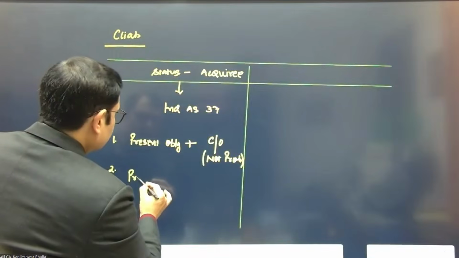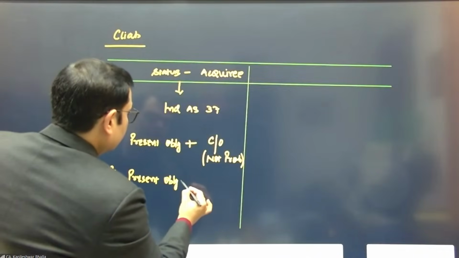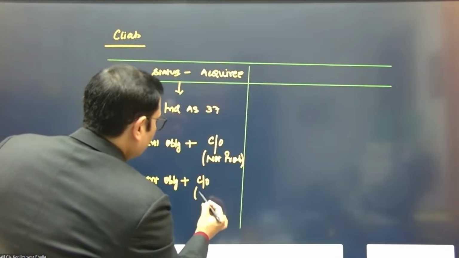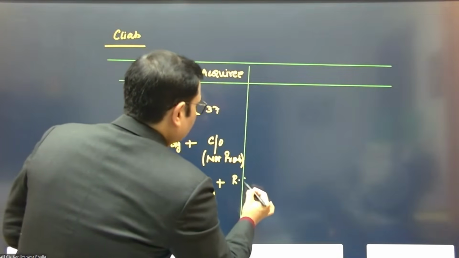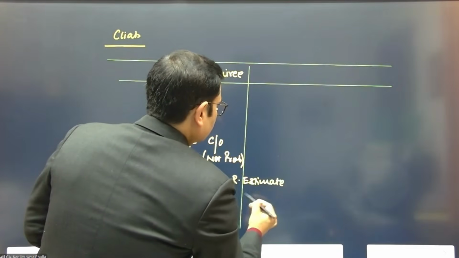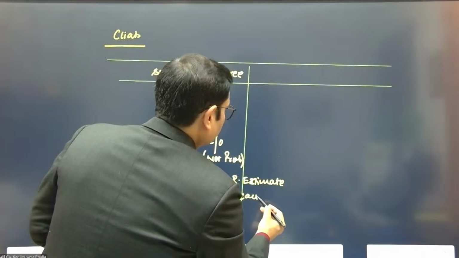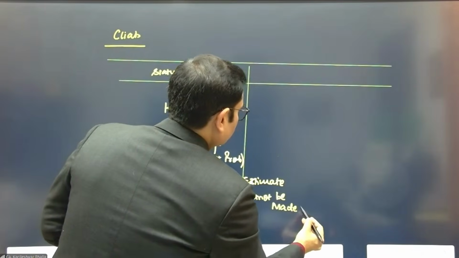The next one is that it is a present obligation and the outflow is also probable in nature, but in this particular case a reliable estimate cannot be made. So this also becomes a case of contingent liability.